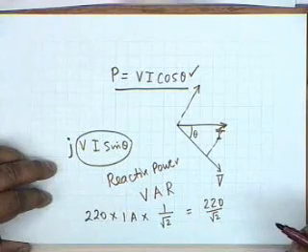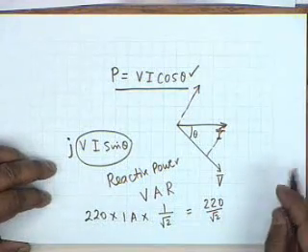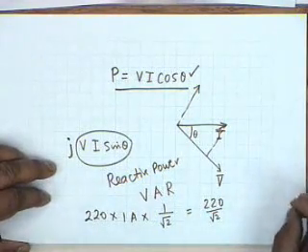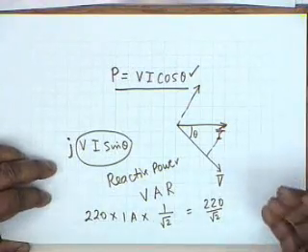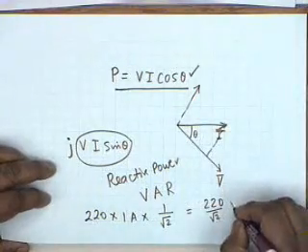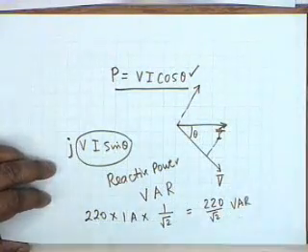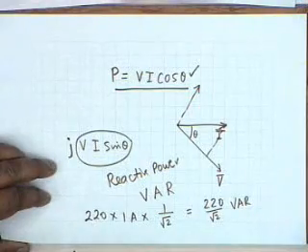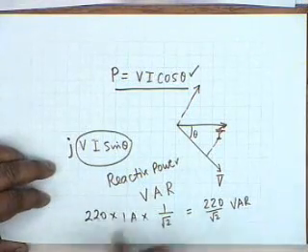Actually the unit should be watts, but we don't say watts, because watts is reserved for the energy dissipated or absorbed, energy which cannot be recovered, which is lost. So this is not called watts, this is called 220 by root 2 VAR, volt ampere reactive.